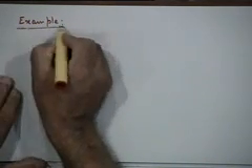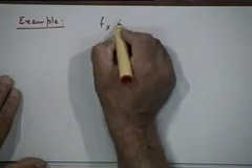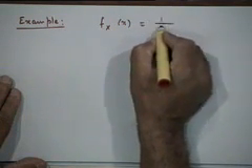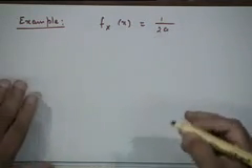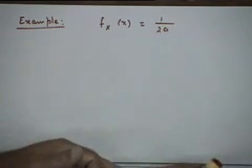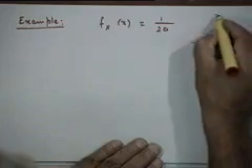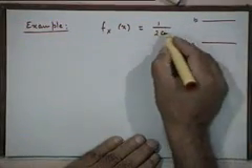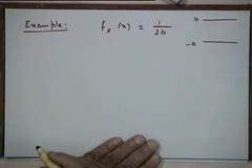So let's take an example, and that will give us a better picture. Let's say the lower limit is minus A and the upper limit is plus A. So I am assuming the signal to lie between minus A and plus A, with uniform distribution of 1 by 2A.